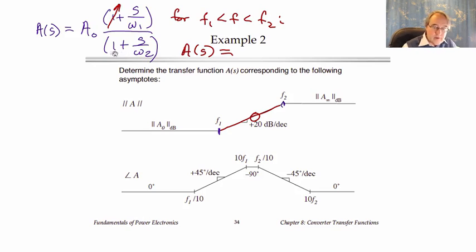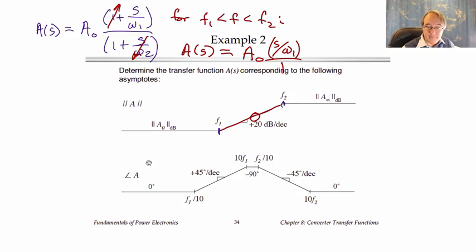Likewise, for the denominator, over this frequency range we're at a frequency less than F2, so we let S equal j omega, and omega is less than omega 2. That means that this second denominator term will be smaller in magnitude than 1, so we throw that term out. And what we get then is A of S is A0 times the numerator, S over omega 1. Then for the denominator, we just have 1.